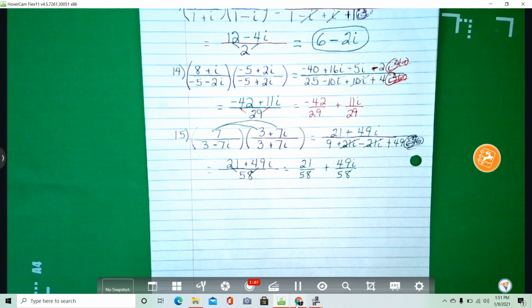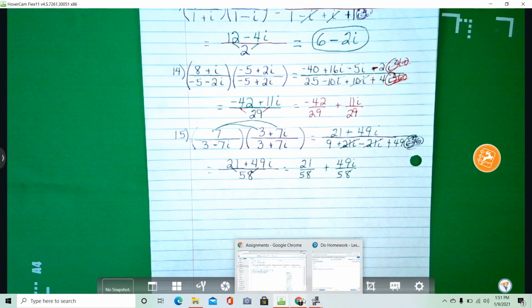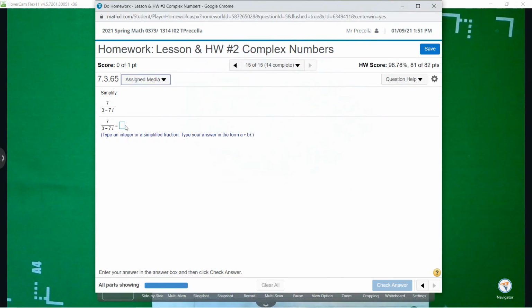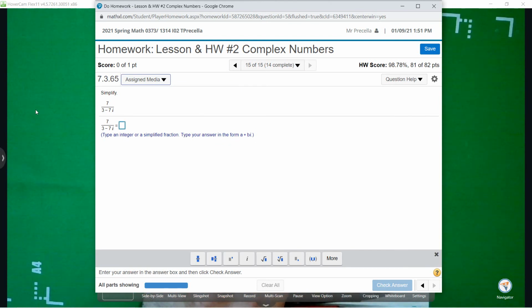But as we've seen, they're going to want us to enter the second one, the two separate fractions. 21 slash 58. Don't put the plus down there.